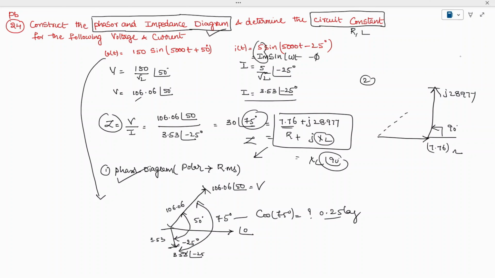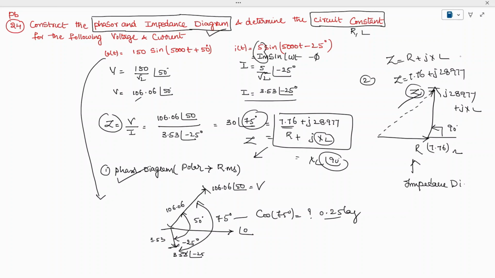When you join these, you get Z, where Z is equal to 7.76 plus j28.977. This is R, this is plus jXL, and this is the impedance of the form R plus jXL. Therefore, this diagram is called the impedance diagram.